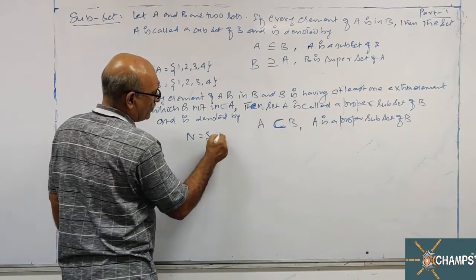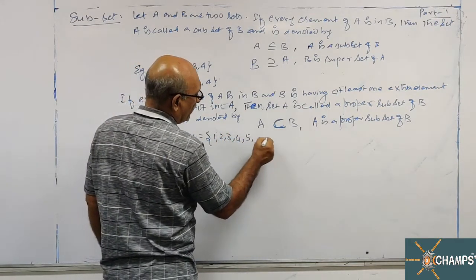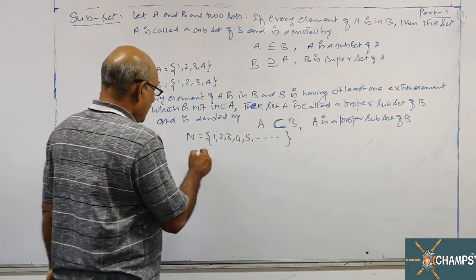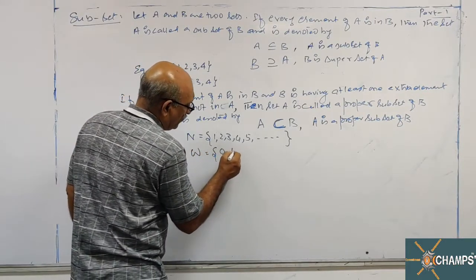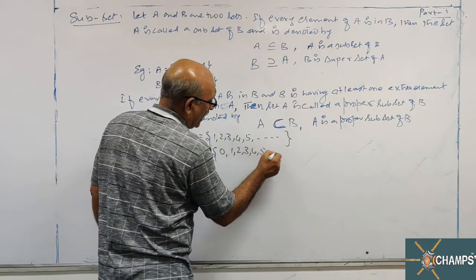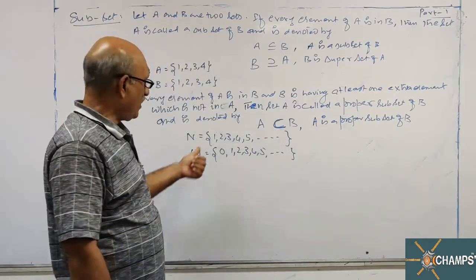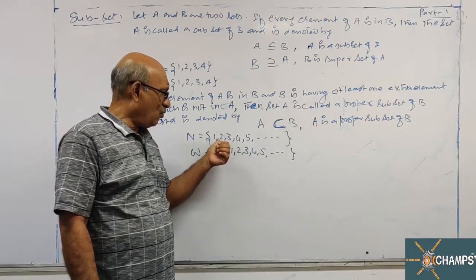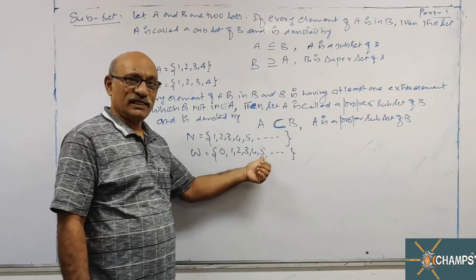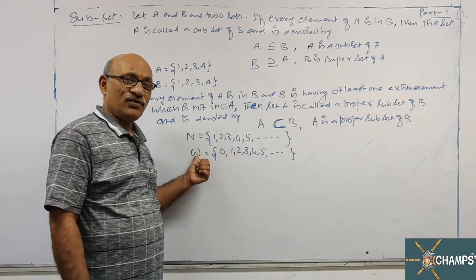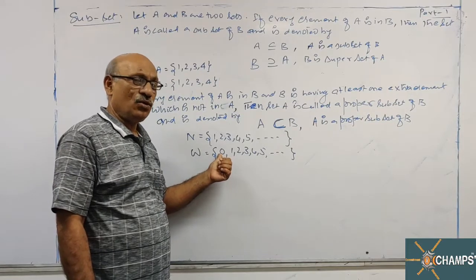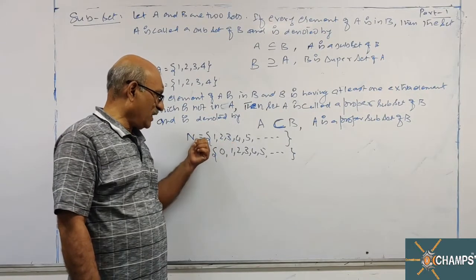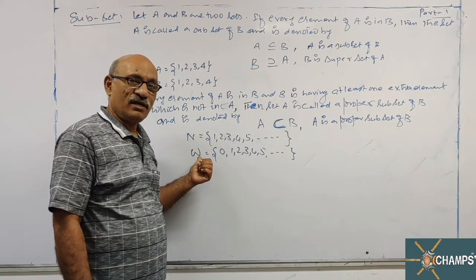The set of natural numbers is 1, 2, 3, 4, 5, etc. Now the set of whole numbers is 0, 1, 2, 3, 4, 5, etc. Now I can say the natural numbers set is derived from whole numbers. 1, 2, 3, 4, 5 are common in both the sets, but the whole numbers set is having one additional element, 0, which is not in natural numbers. Therefore you can say natural numbers is a proper subset of whole numbers.